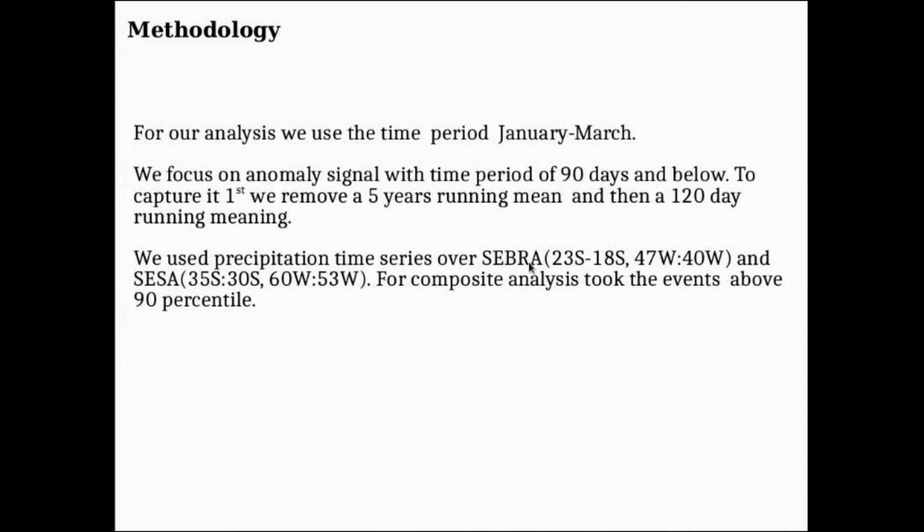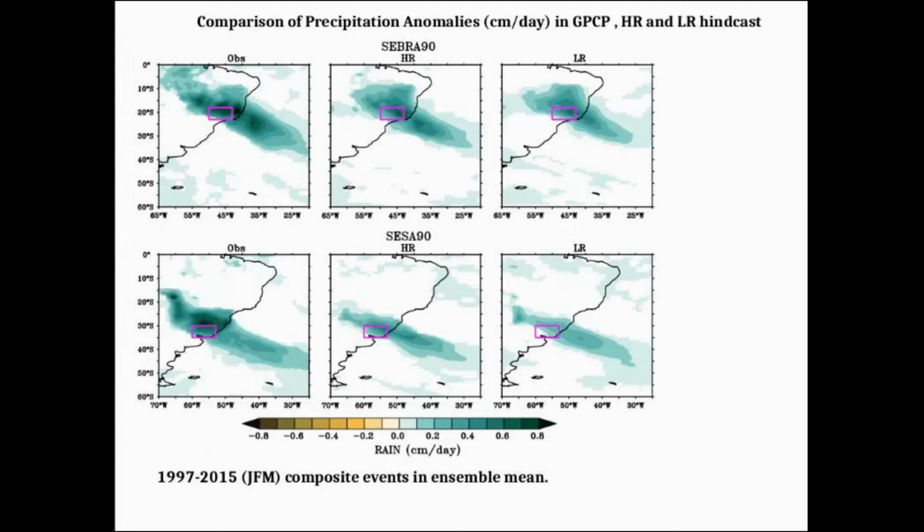We defined SABRA as 20 south to 18 south and 47 west to 40 west, and SESA as 35 south to 30 south and 60 west to 53 west. We prepare this time series, and then we make a composite of the events which cross the 90th percentile.